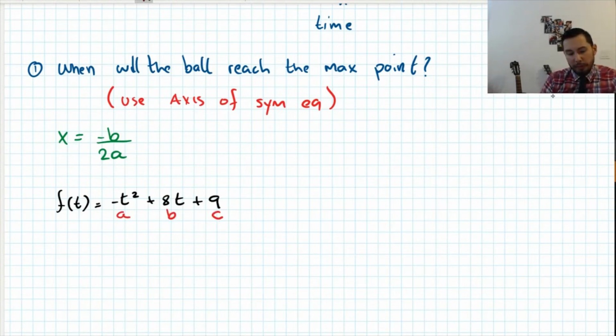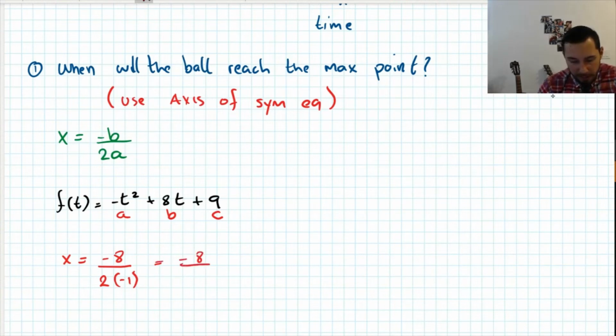So I want the opposite of b, so x is going to be the opposite of b, which will be negative 8, divided by twice the value of a, so 2 times, and the value of a here is negative 1. So this will be negative 8 divided by negative 2, which is equal to positive 4, right?